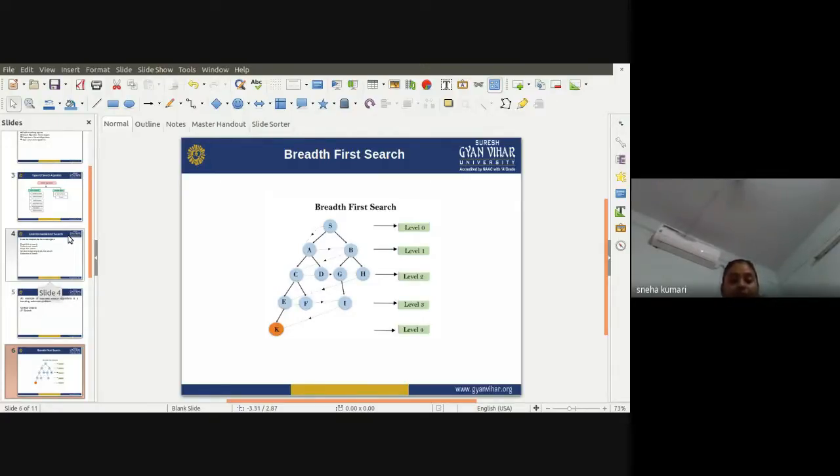So the breadth first search algorithm traverses in layers, right?